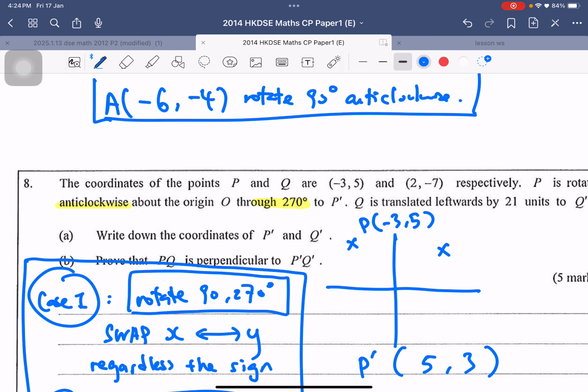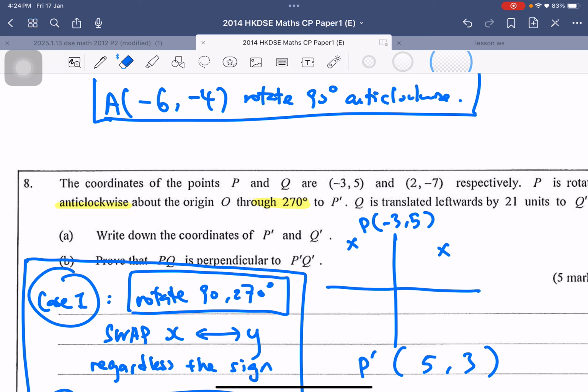Try to draw the graph on a blank page, just as extra practice. 4, -6. Yeah.